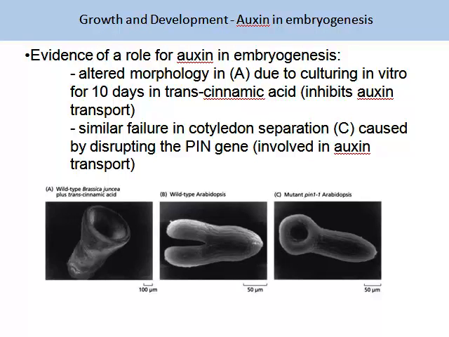Similar failure was found in cotyledon separation caused by disrupting the PIN gene, which is involved in auxin transport. Figure B is the wild type, where no change in morphology was seen.